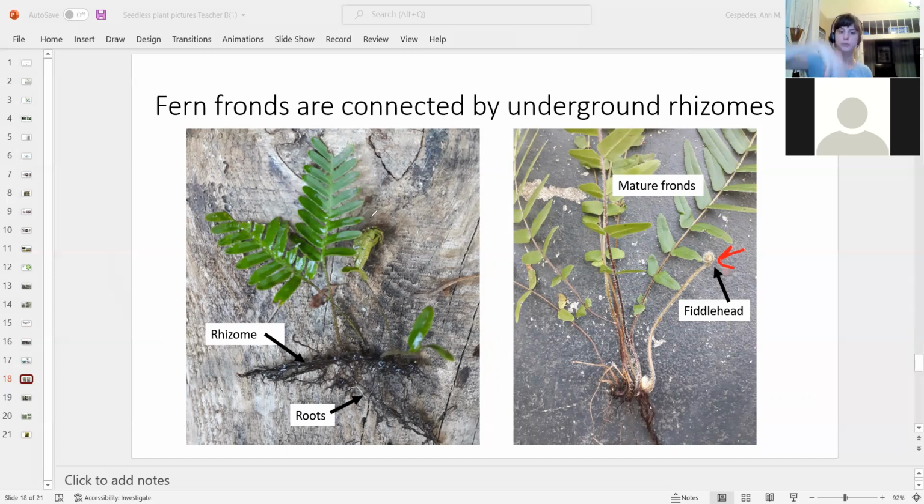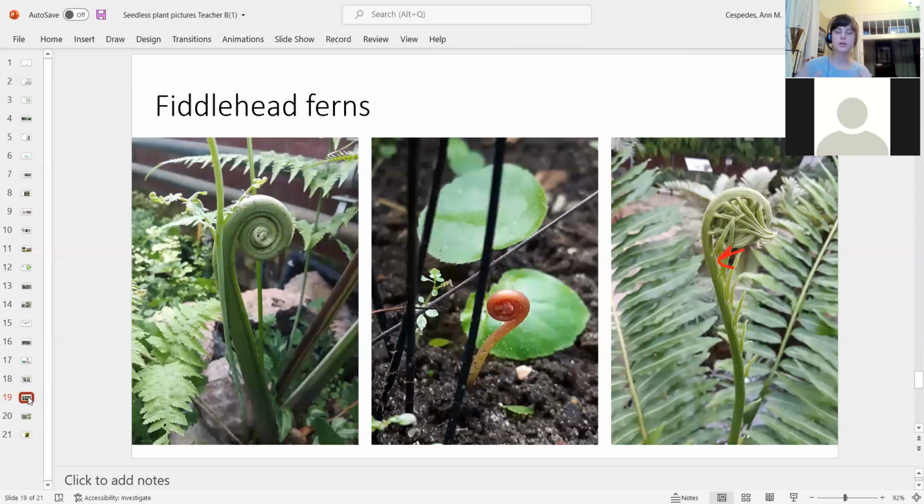True roots have vascular tissue to suck water and minerals up from the soil and send it up through the stems. So without vascular tissue, plants wouldn't be able to stand up and become this tall. So be able to label these kinds of things, keep it in order, seedless avascular versus seedless vascular.